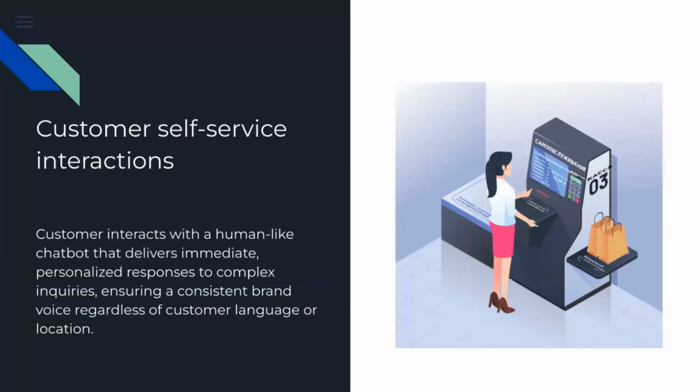So you can take a look at these images. These images will be quite self-explanatory. Generative AI can help a lot in self-service interactions. In the picture, you are seeing a lady who is taking her shopping bags and checking out of the mall, typing in things and completing the transaction and the billing.